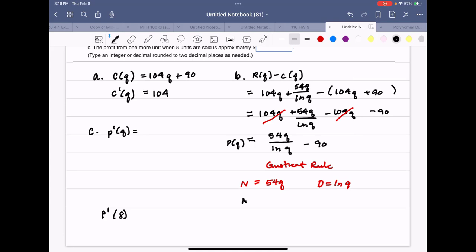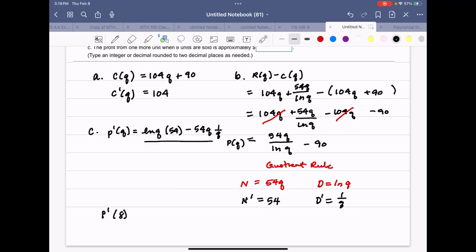So my derivative of my numerator is 54, and the derivative of my denominator is 1 over Q. So my derivative of the profit is going to be denominator, natural log of Q, times the derivative of the numerator, 54, minus the numerator, 54Q, times the derivative of the denominator, 1 over Q.